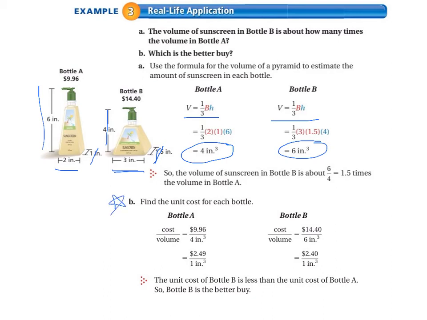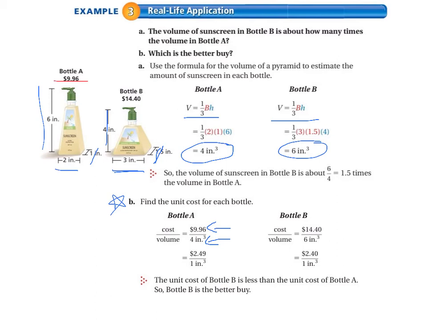Letter B, find the unit cost for each bottle. So for bottle A, we can find the cost by looking back up at the bottle at the example. $9.96, and then we put that into the cost right here. And for volume, we look and see what we found for volume, which is 4 inches cubed. So when we simplify, we divide the top and the bottom by 4.